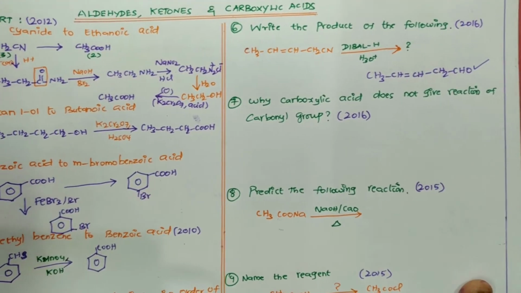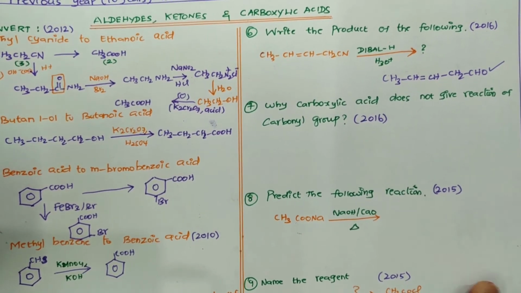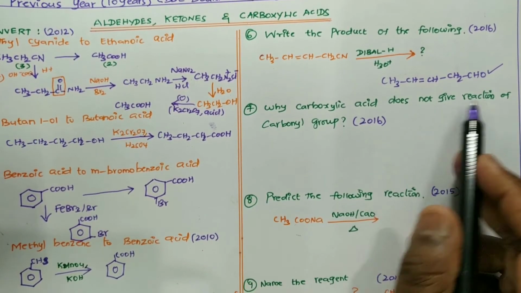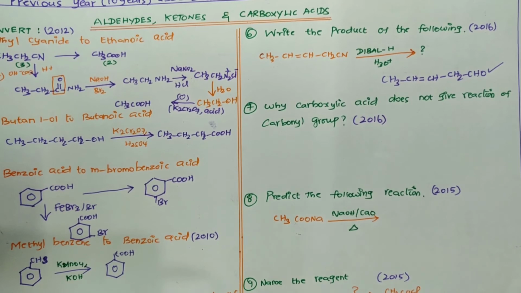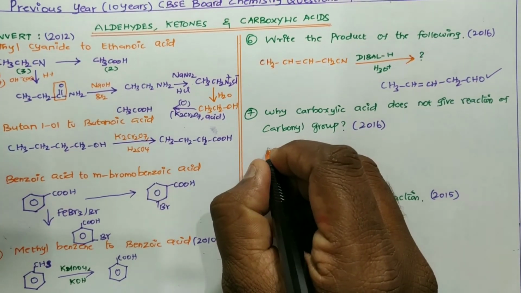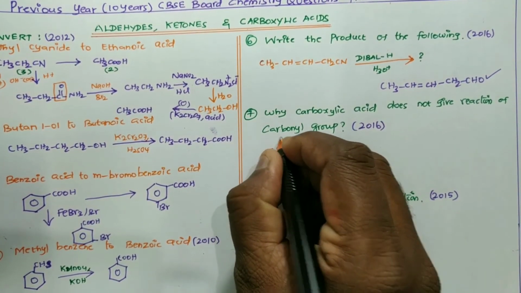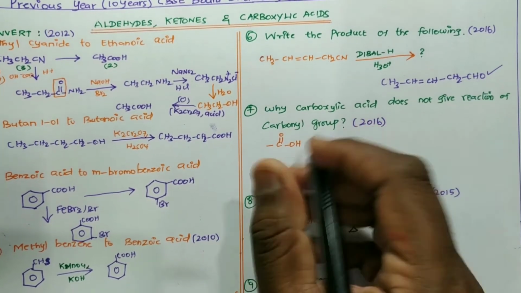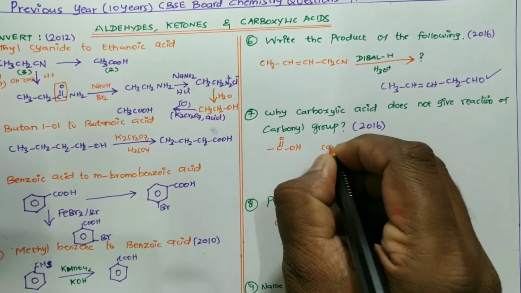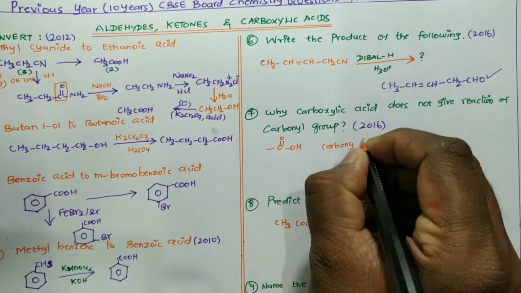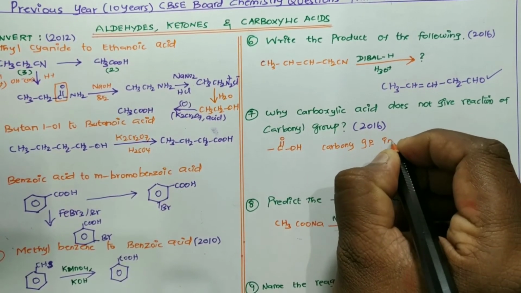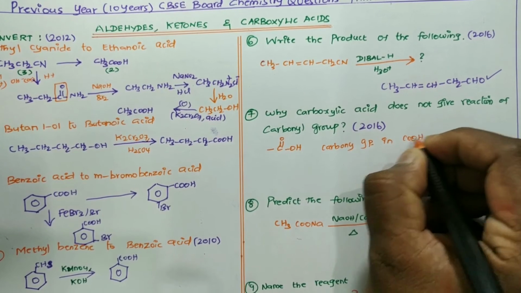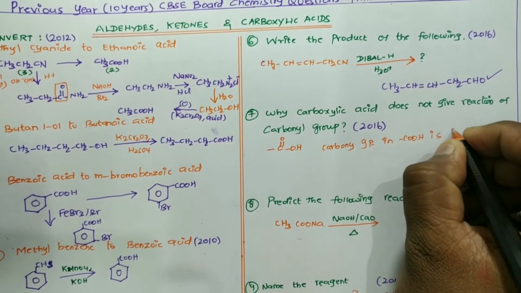And the very important question: why does carboxylic acid not give the reactions of a carbonyl group? Because the carbonyl group in carboxylic acid, that is C=O with OH, the carbonyl group in COOH is inert.